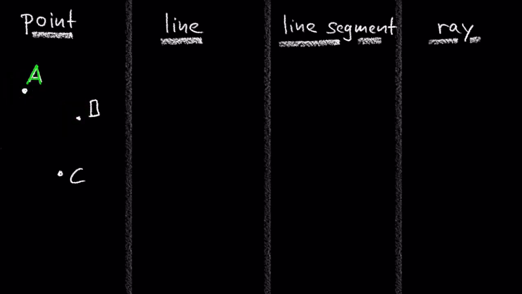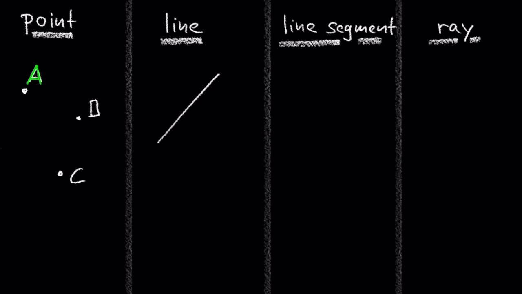Let's look at the concept of a line. A line can be thought of as an infinite number of points. A line is an infinitely long object and has no width, depth, or curvature, similar to a point, and is named by 2 distinct points on the line.